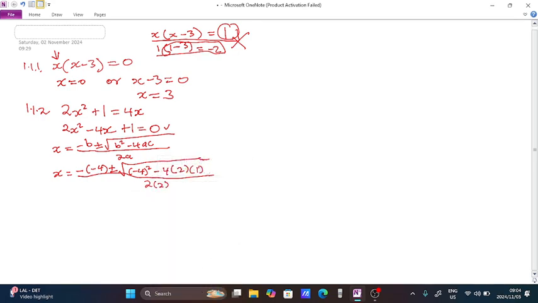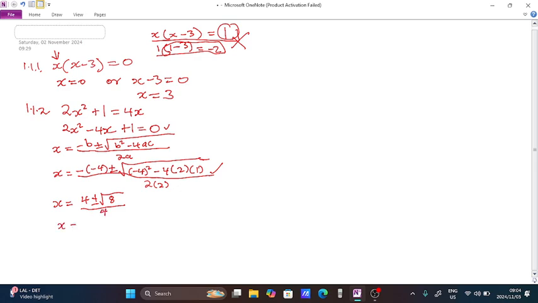So now substituting correctly like this, you must get a tick there. Now from there, we'll have x equals to 4, because negative by negative is positive again, plus minus, what did you get inside the square root? You got 8, because that will be 16 minus 8, all over 4.